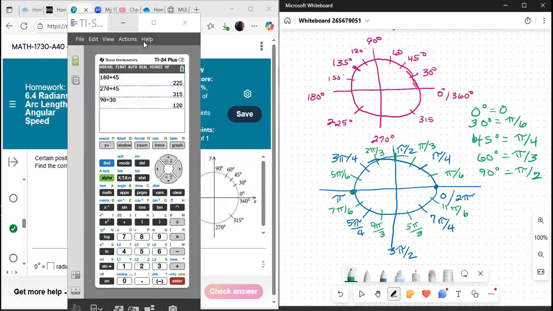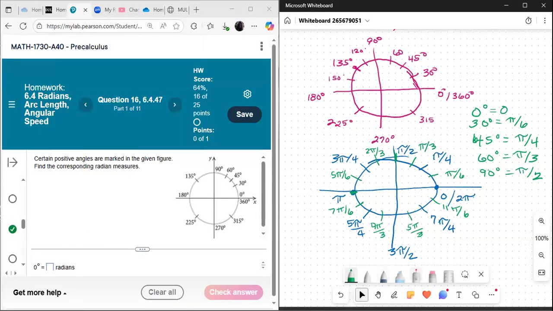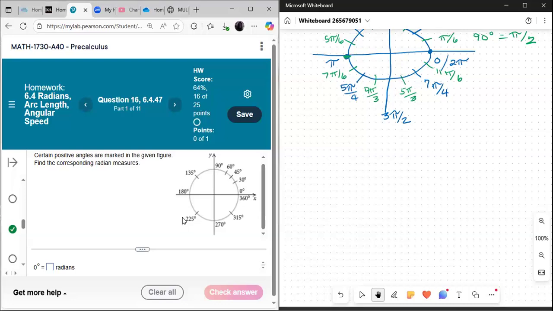Let's see, what else? And it wants to know, what is 135? Now we could look at the diagram, or we could go back to just conversion.